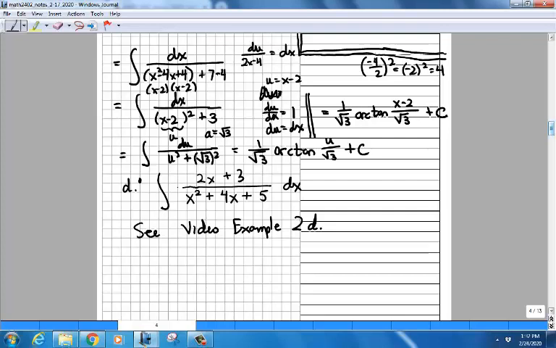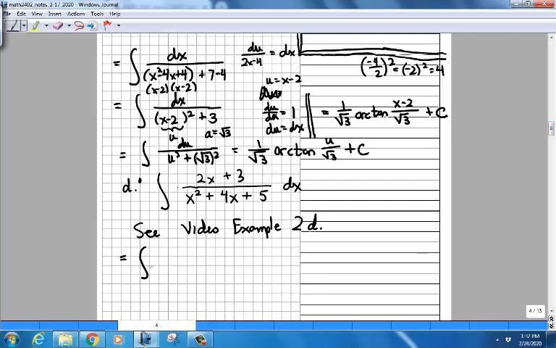So I'm thinking I might be able to massage this problem a little bit, so that I do have the 2x plus 4 here in the numerator. Well, how can I make 2x plus 3 into 2x plus 4? Yeah, I can add 1, but of course if I add 1, then I have to at the same time subtract. All right, so let's do that.